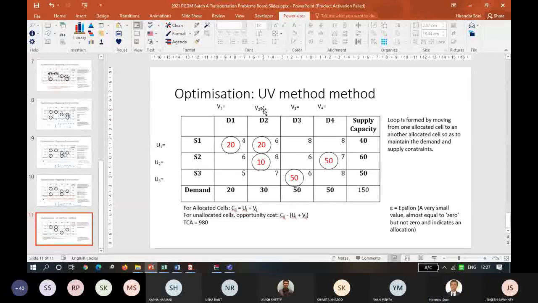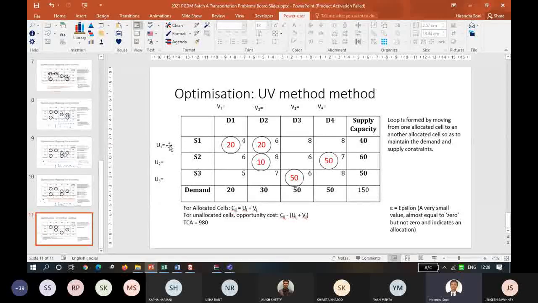Clear? Any doubts there? C22 will be equal to U2 plus V2. Similarly, C33 will be equal to U3 plus V3. It is only for all the allocated cells.